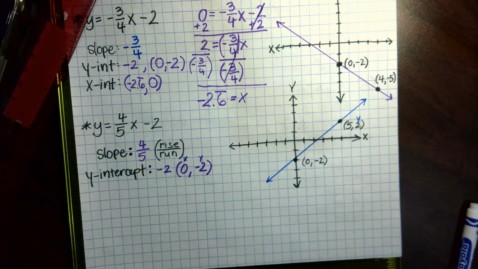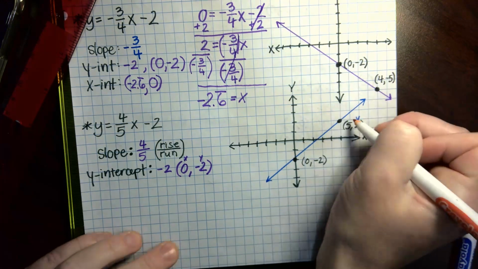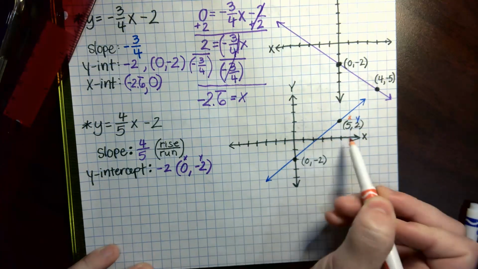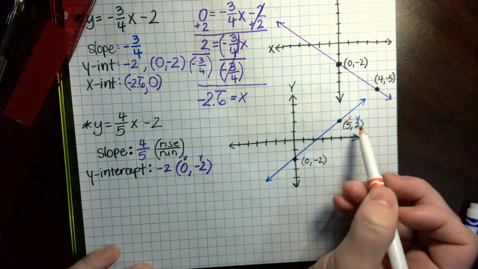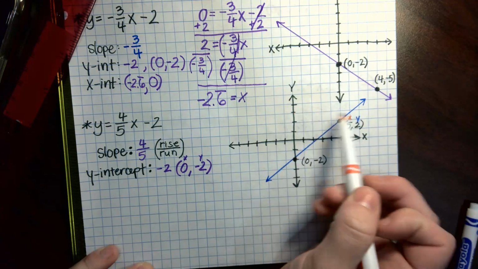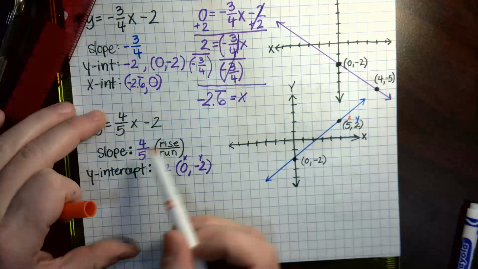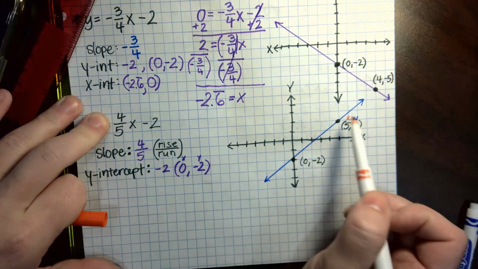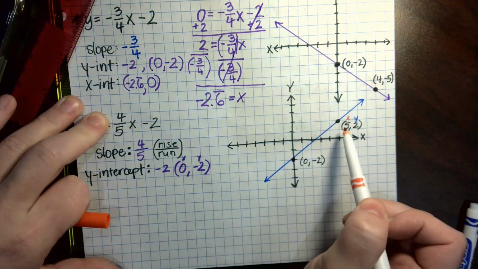I think the fact that slope is called rise over run can be a bit misleading because when we plot points, we always do x first, which is the run, and then it's y. But when we're plotting slope, we do our up and down first, and so slope is the only exception where we are rising first, then running. When you plot points, always do your x first because it comes first.